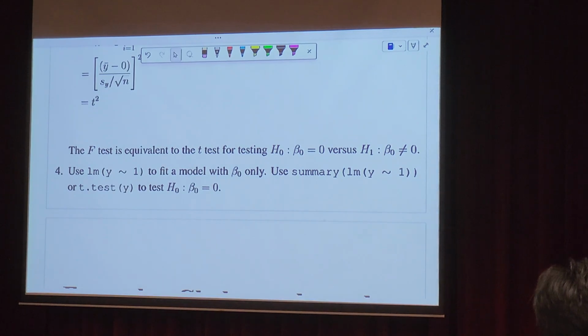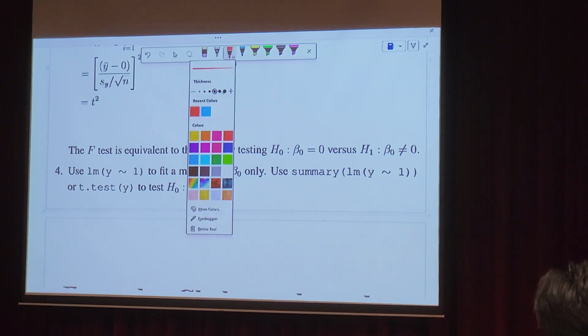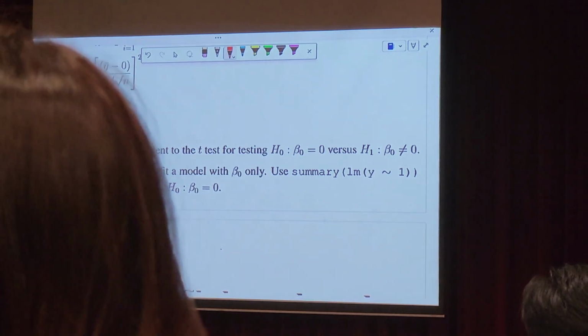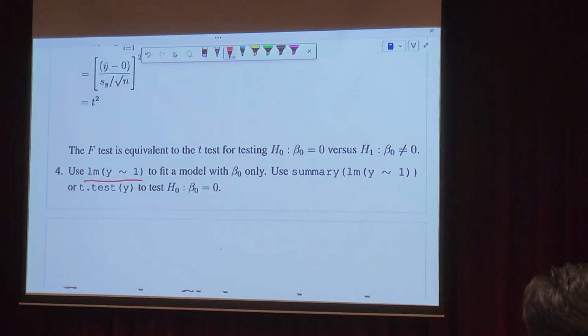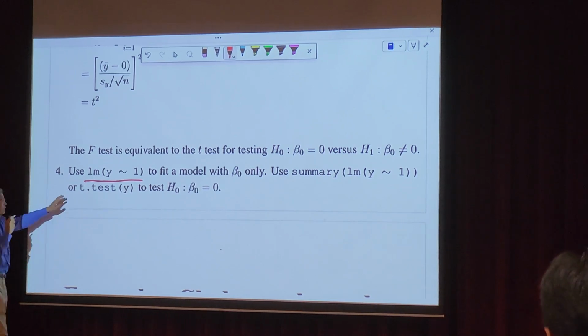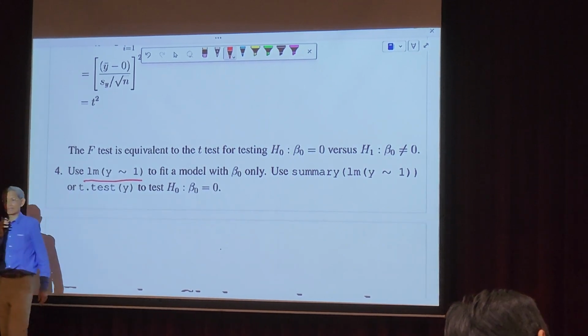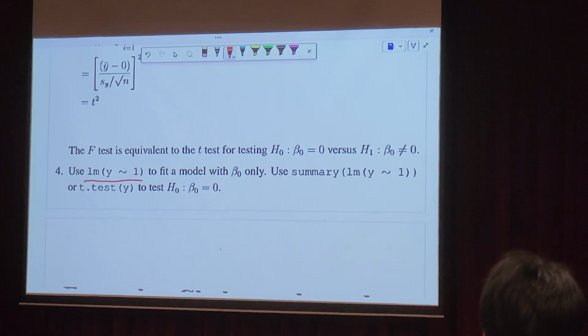And in R, if you want to fit a model with beta naught only, that's what you do: lm y tilde 1. Then you can say summary of lm y tilde 1, or t test 1, and you'll be able to test beta naught equal to 0.